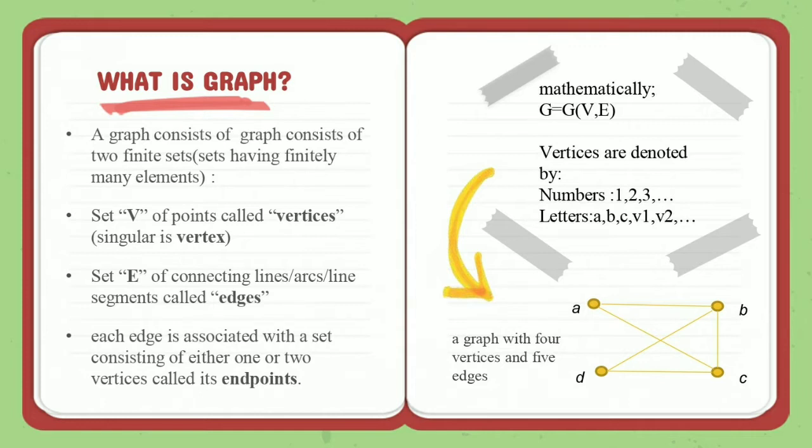So basically, this graph consists of 4 vertices and 5 edges. And you can change the nodes or vertices with numbers like 1, 2, 3, or with letters like A, B, C, V1, V2, V3, and so on.